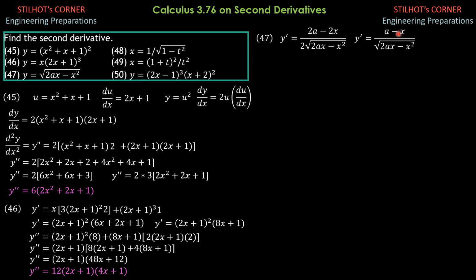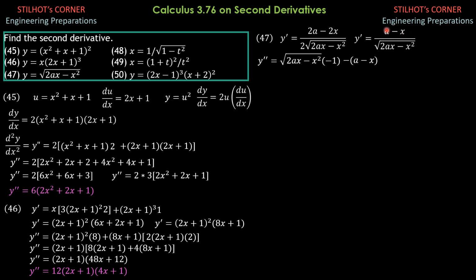Then for the second derivative, we have the derivative of a ratio, which is denominator times derivative of numerator minus numerator times derivative of denominator, all over denominator squared. So y double prime equals square root of 2ax minus x squared, derivative of numerator negative 1, minus numerator quantity a minus x, derivative of denominator is the same, because this is the derivative of the denominator, square root of 2ax minus x squared, the original.